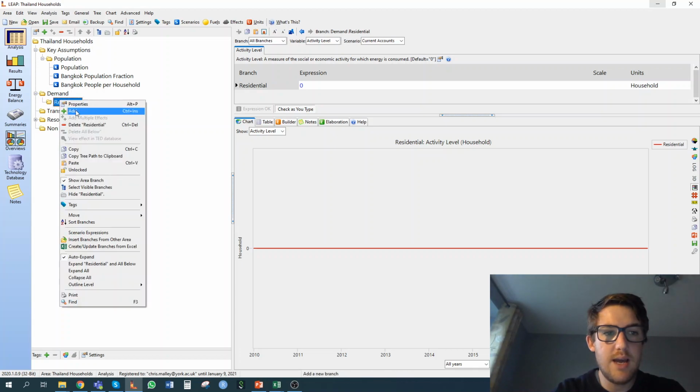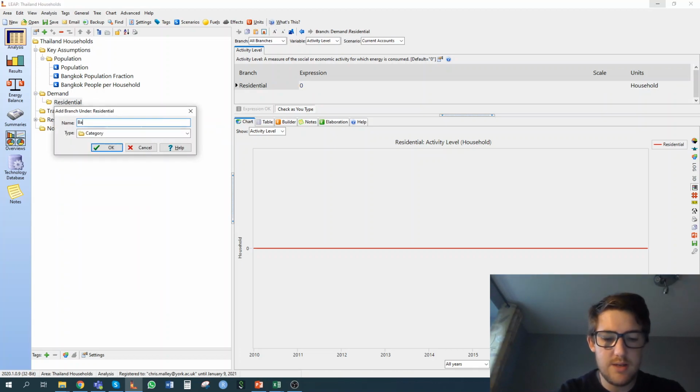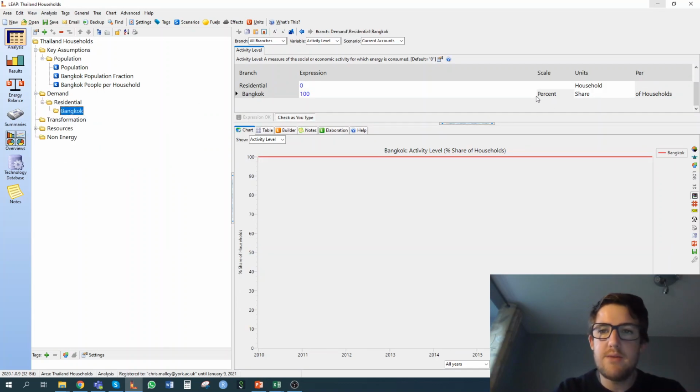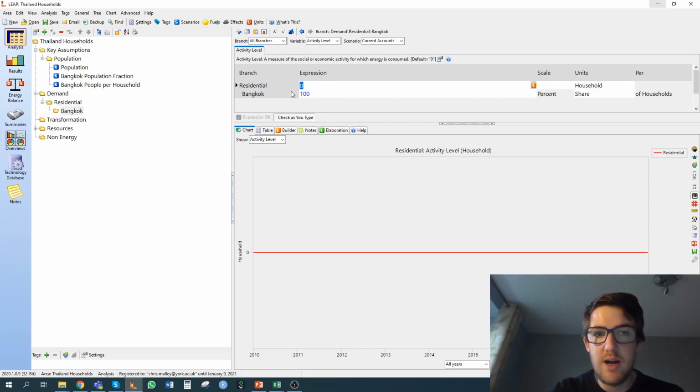Then I can add and create another branch for Bangkok. And then it will ask me to put in the percent share of households that are in Bangkok. So with this method, we first enter the total number of households, and then we enter the percentage share of households that are in Bangkok. That's a fine way of doing it and can be good.